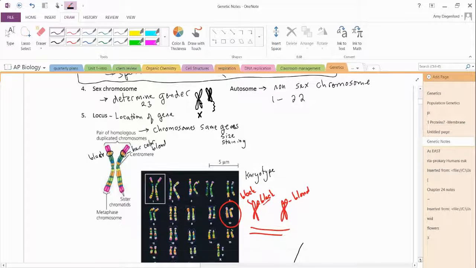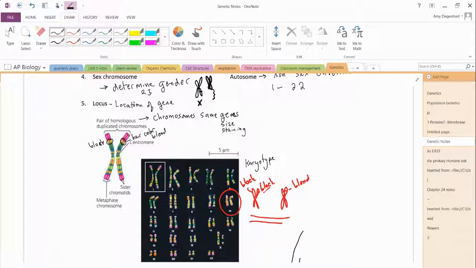Now, when we're seeing chromosomes, we have other vocabulary for the chromosomes. For instance, we have locus, or loci for plural. The location of a gene is simply where it occurs on the chromosome. For instance, we could theoretically point to that little orange banding and say within that orange banding, that's the locus of our hair color gene.